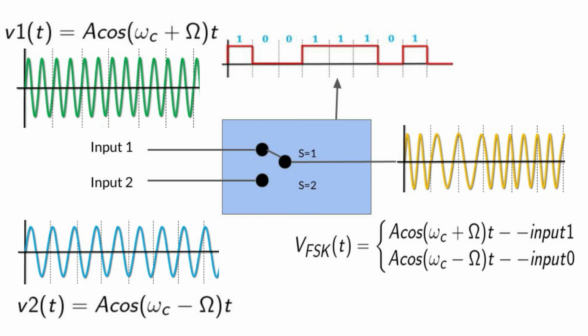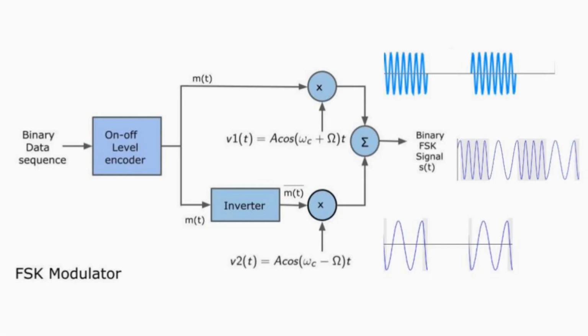Let us see the details of the working of the BFSK modulator. The BFSK modulator consists of two product modulators, an inverter and an adder circuit. The input bit stream in RZ format is applied to product modulator 1 and the inverted bit stream is applied to product modulator 2.